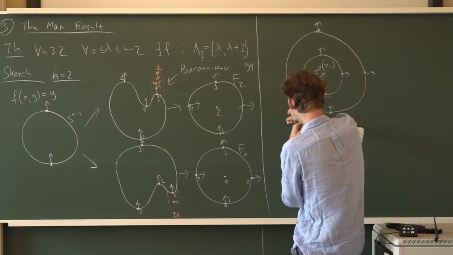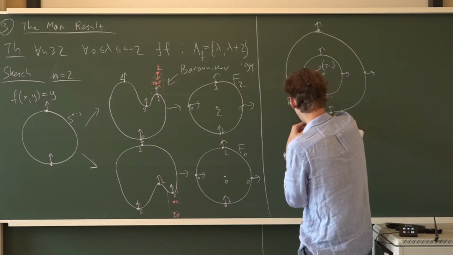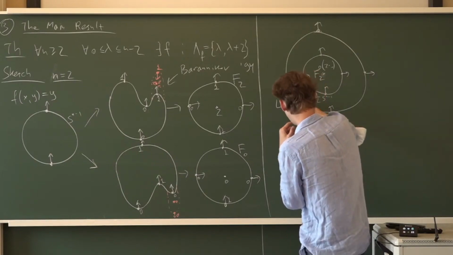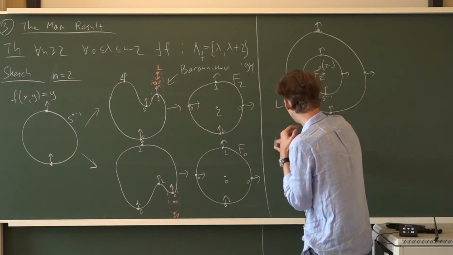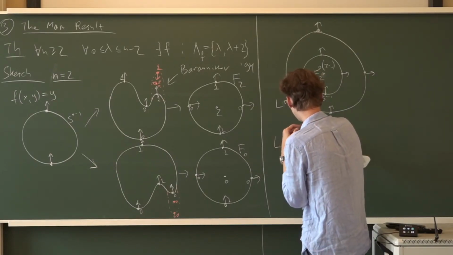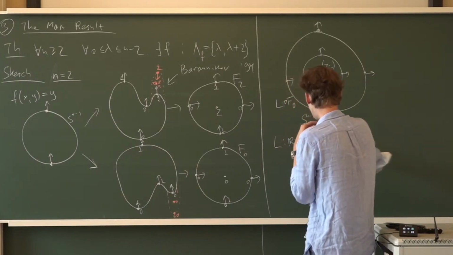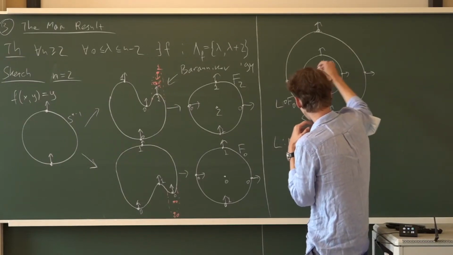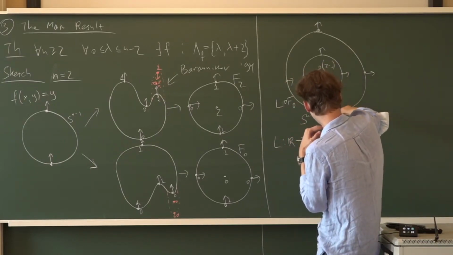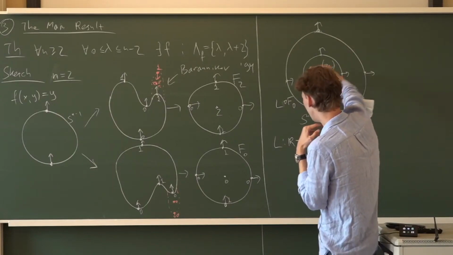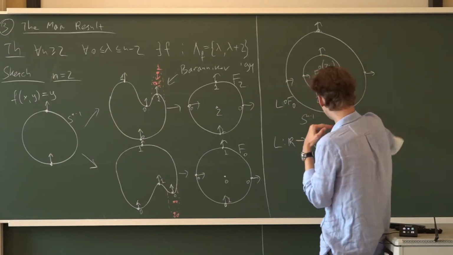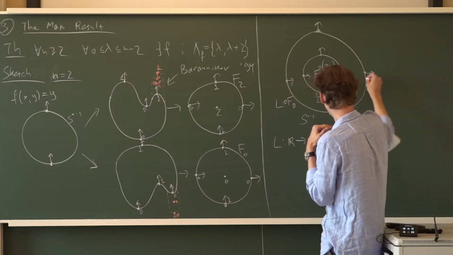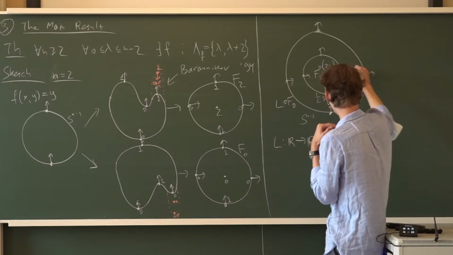And second of all, f0, we replace it with a composition of some diffeomorphism such that the values at the corresponding critical points are coherent with the gradients. So here we want the value to be smaller than here. Here the value should be larger.